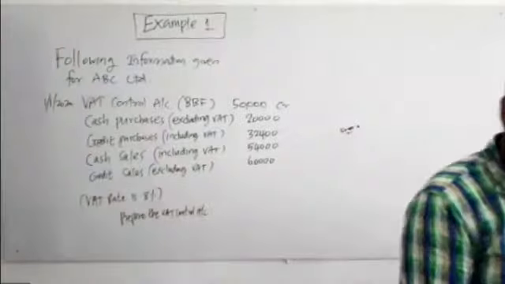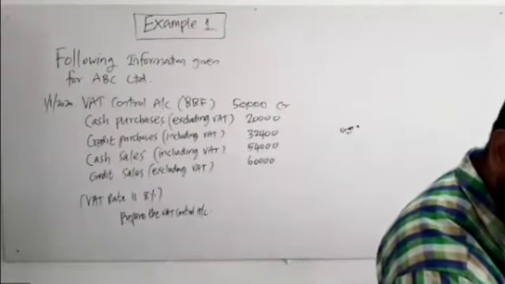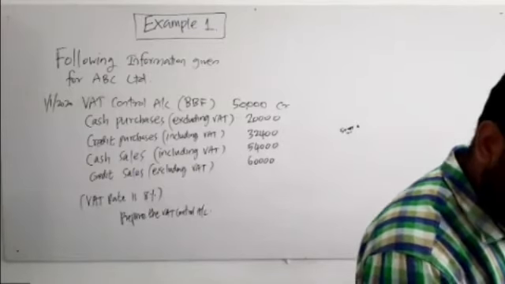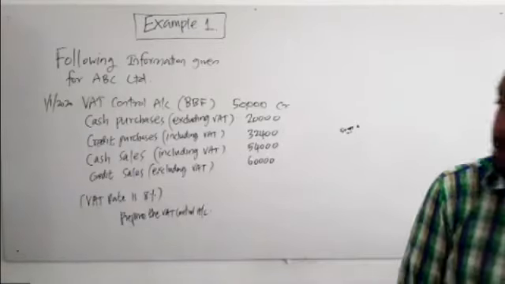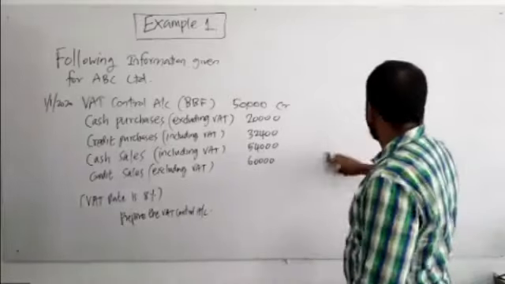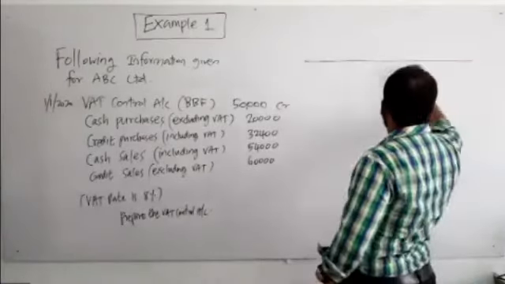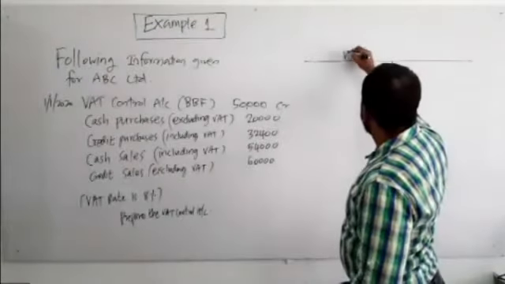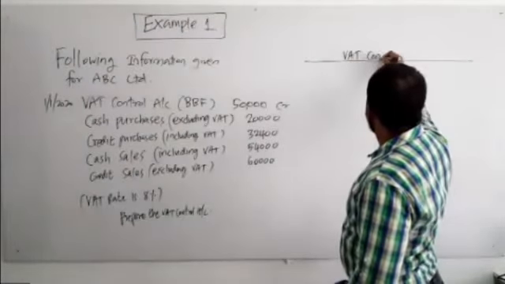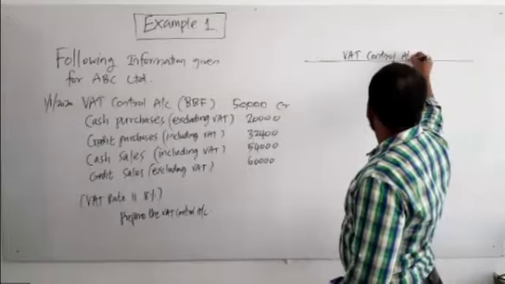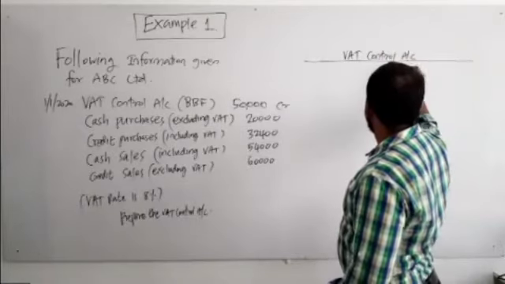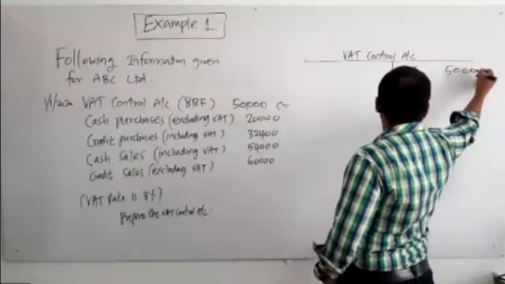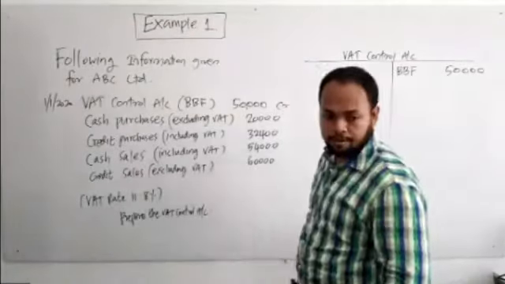I will send this question. Right. VAT control account, and there is an opening balance of 50,000.